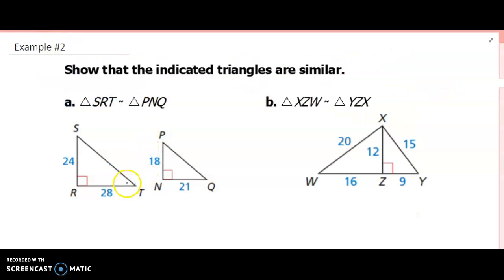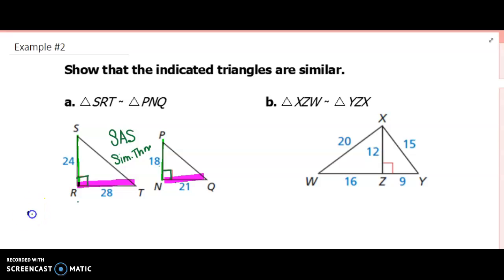All right, so let's do some examples. So this one here, we only know two sides, but we know the included angles are the same. They're both 90 degrees. So this would be by the side angle side similarity theorem. And I have to show that the proportion of this side to this side is the same as the proportion of this side to this side.